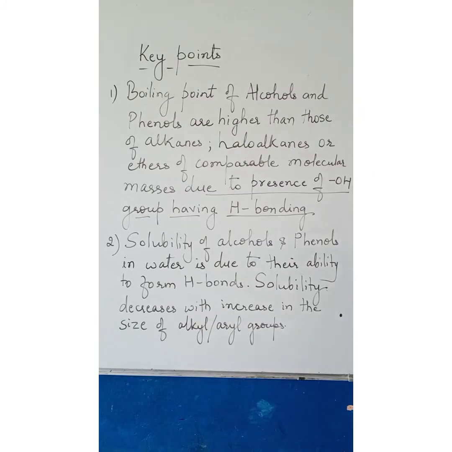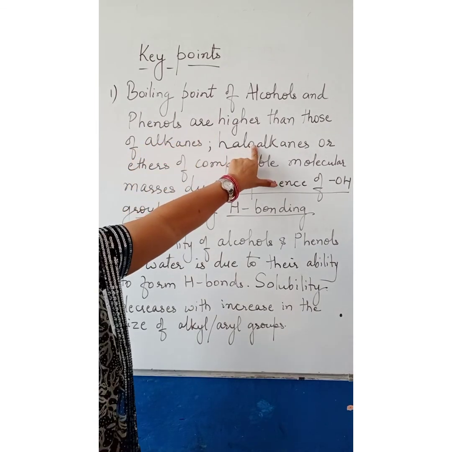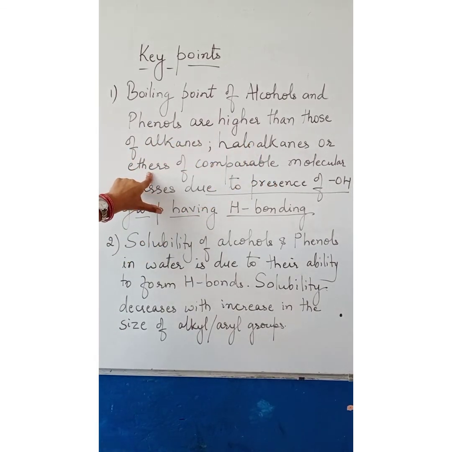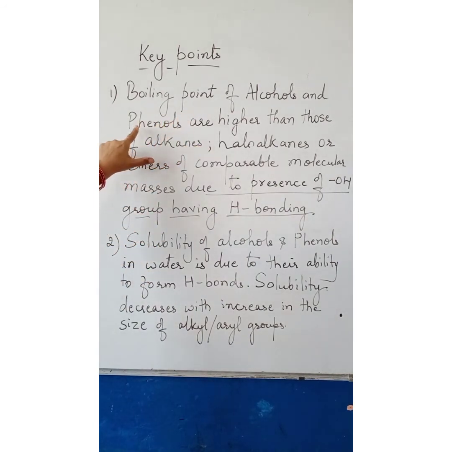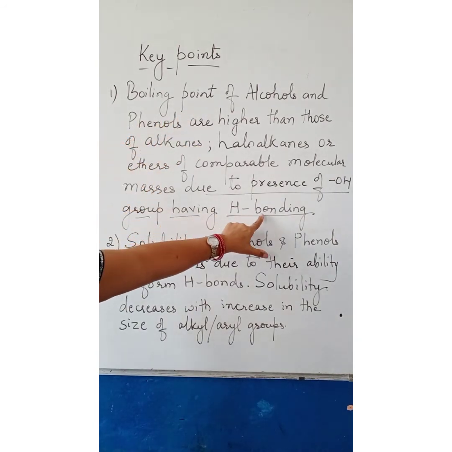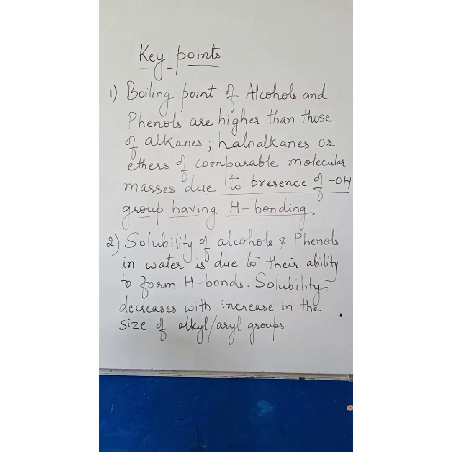Remember these key points. The first key point says that the boiling points of alcohols and phenols are higher than those of alkanes, haloalkanes or ethers of comparable molecular masses. Why? Due to the presence of the OH group in alcohols and phenols, which is capable of hydrogen bonding.